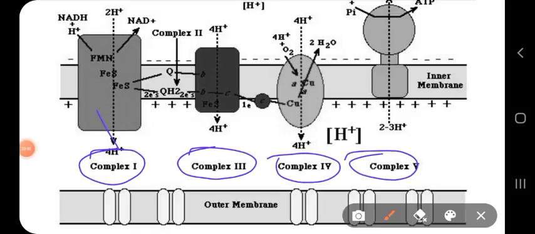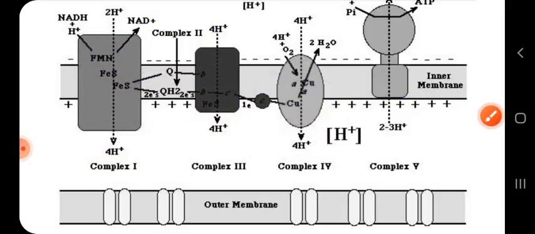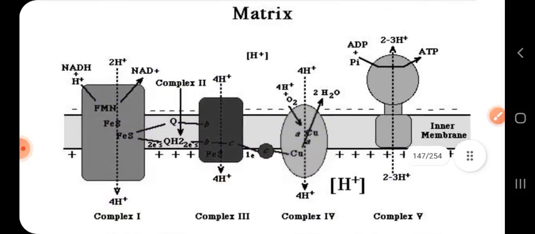These are important for oxidative phosphorylation and for the electron transport chain. Many proteins are involved here, and they are all found within the inner mitochondrial membrane, performing this function to generate ATP.